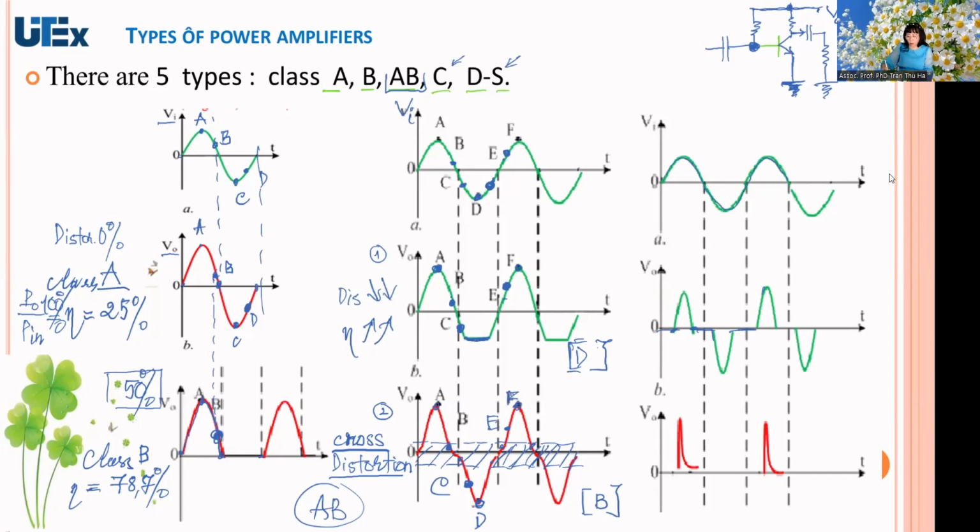But the output signal, you can see, is a little bit different. Maybe this is 0 and increasing like a pulse, like a negative pulse. This is a distortion, nearly 100%. But the efficiency is very high, larger.